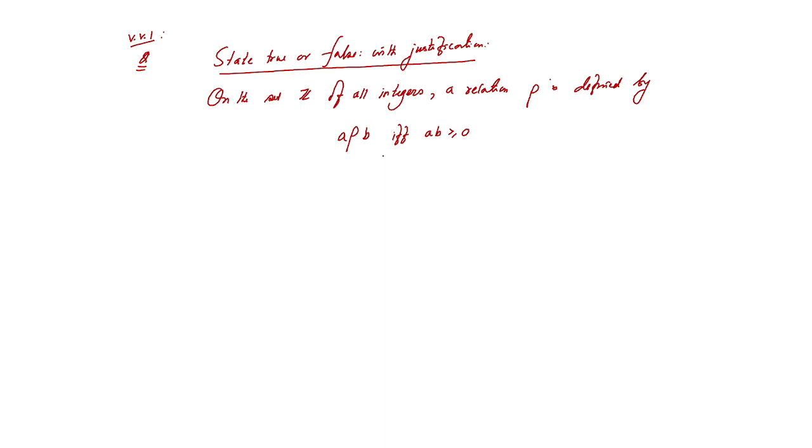Previously it was strictly greater than 0. Now A rho B if and only if AB greater than or equal to 0, where A, B belongs to Z.